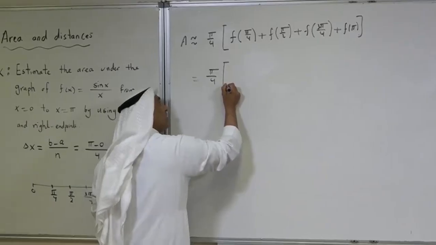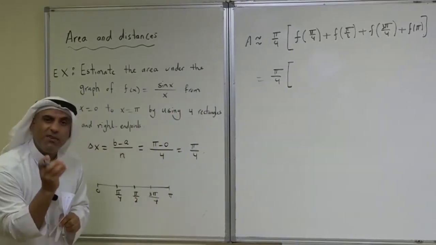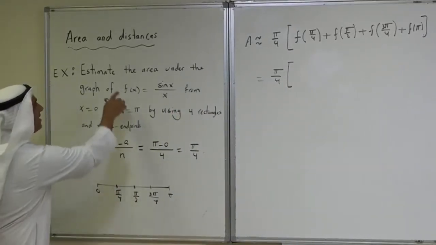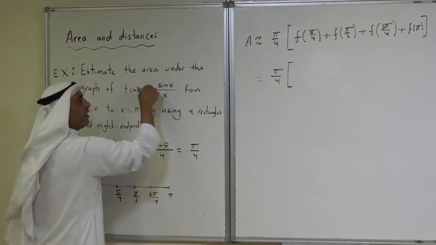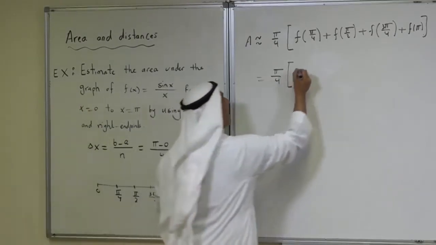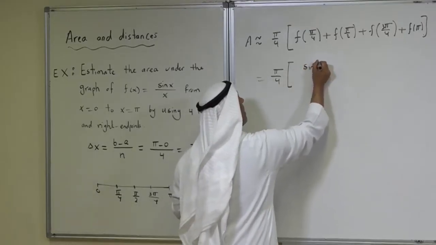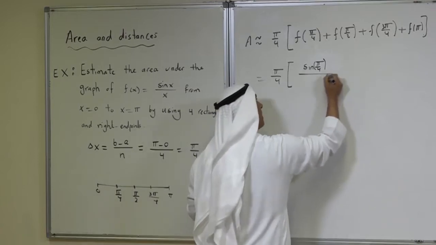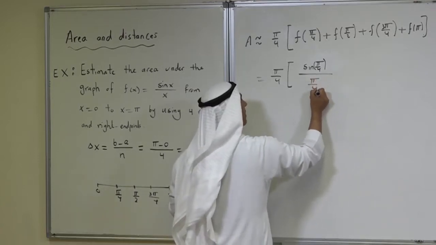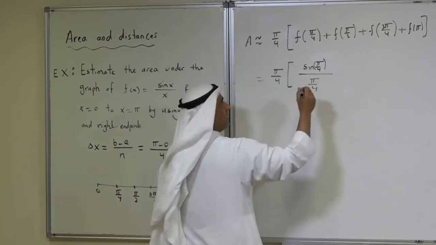Now let us do the calculation part. What is f of pi over 4? This is the function given here, so I need to substitute pi over 4. It will be sine pi over 4, all of this divided by pi over 4. It is sine x over x.